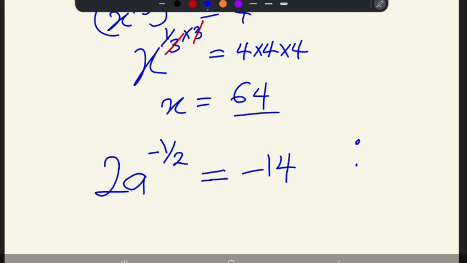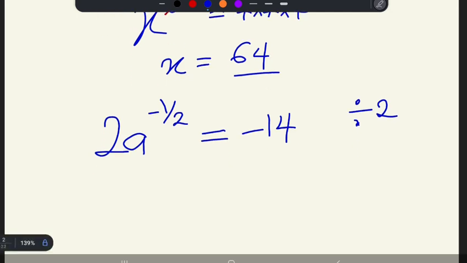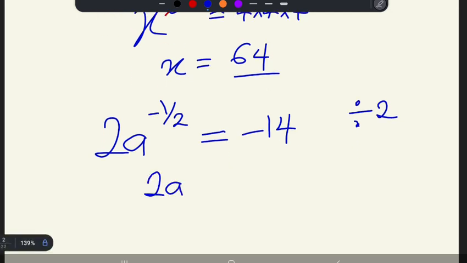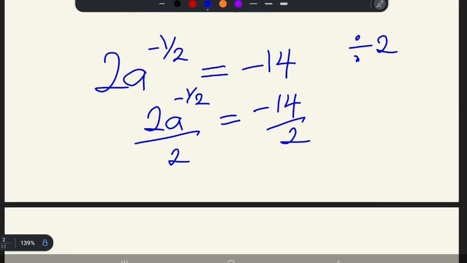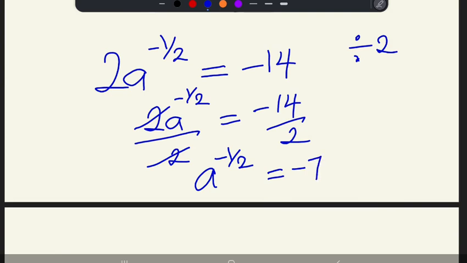Let's divide both sides by 2. In dividing both sides by 2, we have 2a raised to power minus half divided by 2 is equal to minus 14 divided by 2. Once it is cancelled, this will remain a raised to power minus half is equal to minus 7.